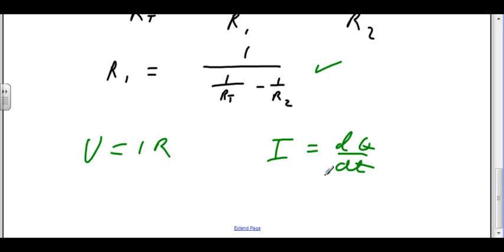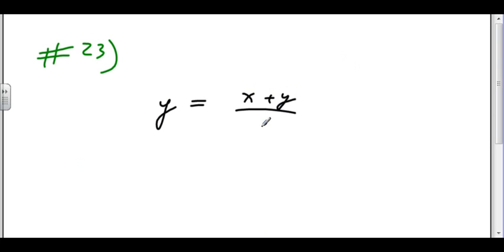Did we do 23? Oh, okay, we'll go back and do 23 because somebody assigned it as homework. 23. y, x plus y divided by x. And it wants, wait a minute, I already have y is equal to something. Haven't I solved for y already? I guess not. So I've got xy minus y is equal to x.